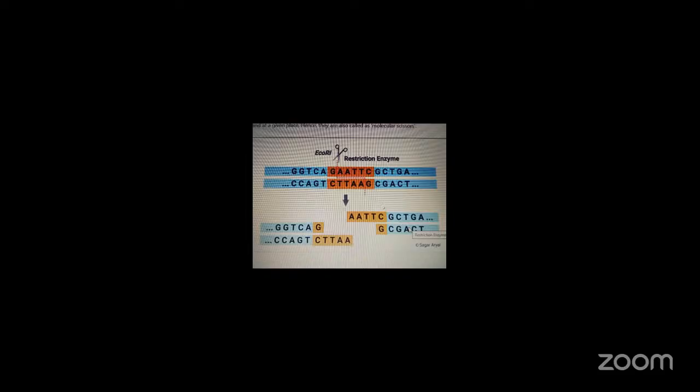See here in that picture, the DNA codon is there, and pyrimidine cytosines are there. So the restriction enzyme cuts at adenine and cuts the DNA into small pieces.